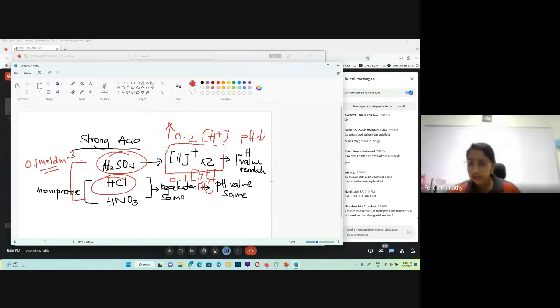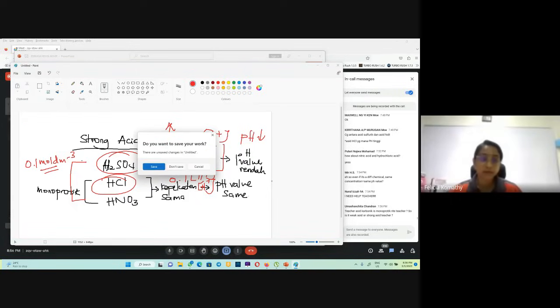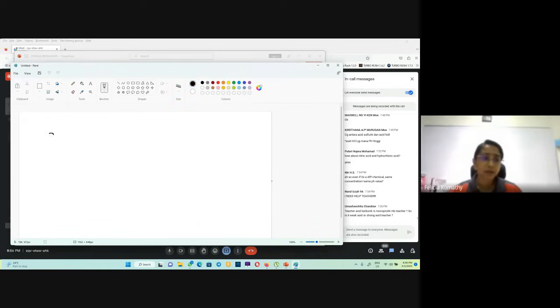And then Umar, soalan cikgu. Carbonic acid is monoprotic acid. So it's a weak acid or strong acid? Okay, this one also I repeat back. Like all carboxylic acid, let's say COOH, right? When they ionize, remember, only the last H will be ionized to hydrogen ion.